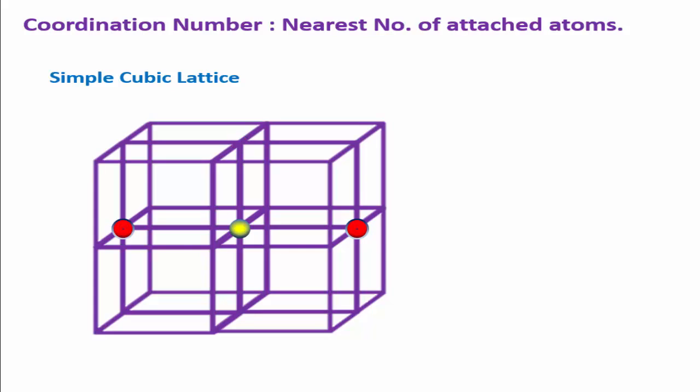This yellow atom is surrounded by an atom at the positive y-axis, negative y-axis, positive z-axis and negative z-axis. So this particular yellow atom is surrounded by 6 atoms to which it is attached. Hence the coordination number in case of the simple cubic lattice is 6.